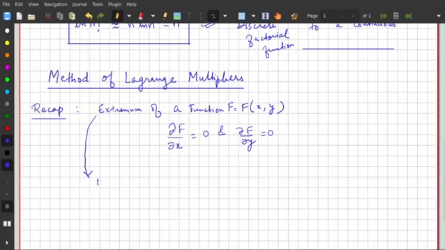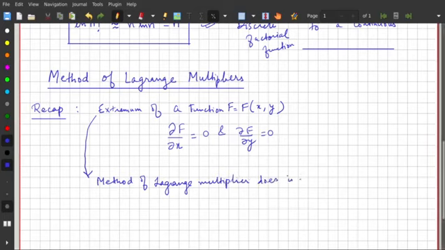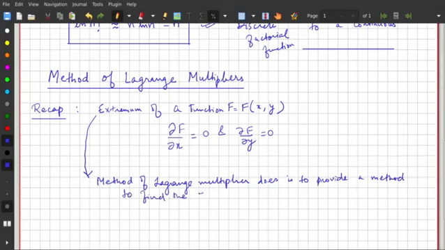So what this method of Lagrange multiplier does is to provide a method to find the extremum of a function subject to a constraint.